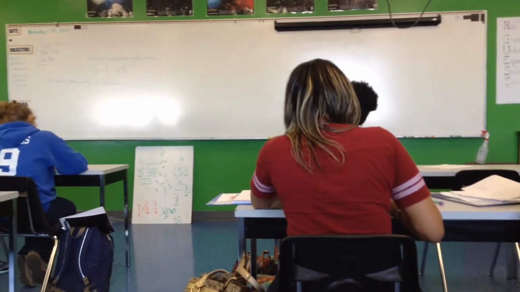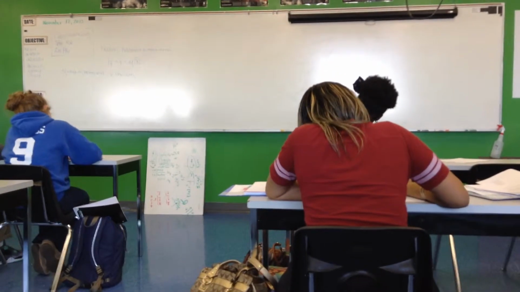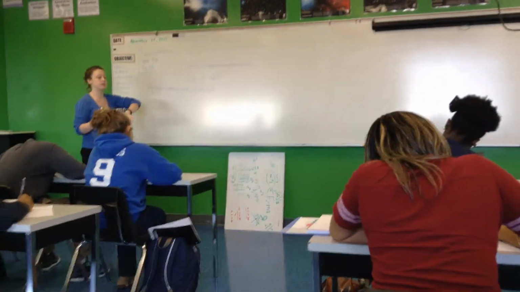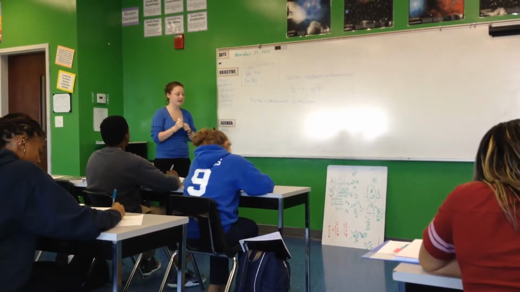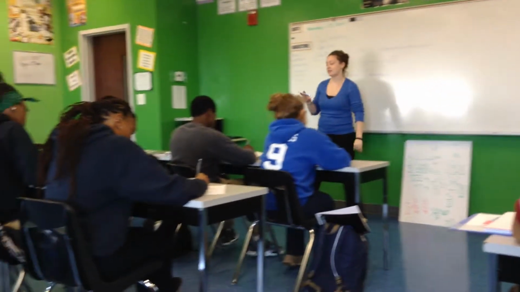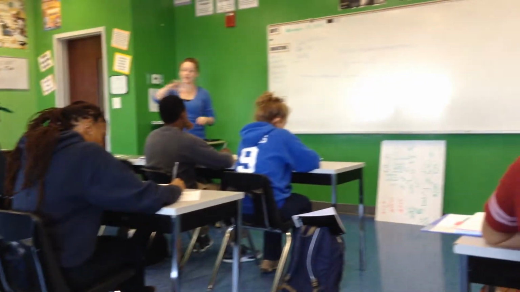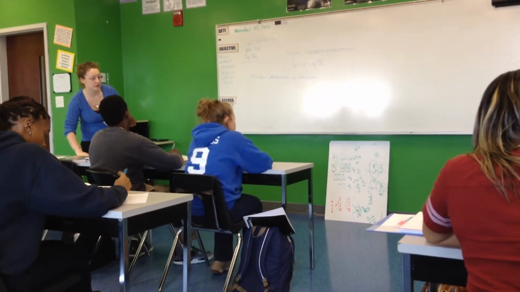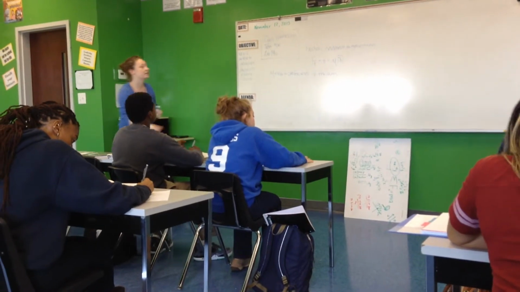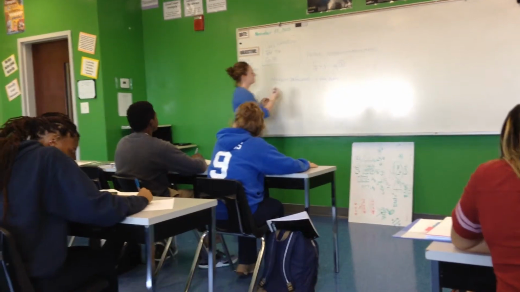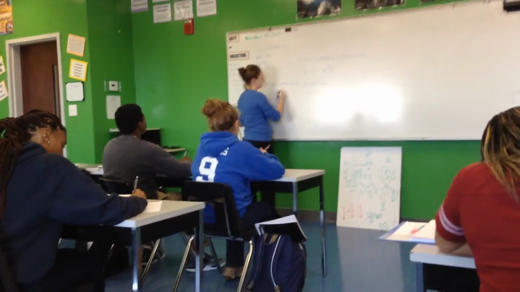Alright, so let's talk about what the coefficient of friction means. Coefficient of friction is a number assigned to a surface that says to us as physicists how much that surface wants to hold on to an object.